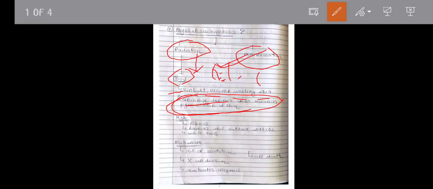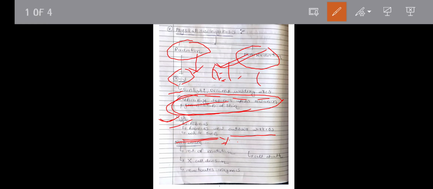So the higher incidence of skin cancer is seen in albinos, farmers and outdoor workers, and white race. Why? Because the melanin pigmentation is less, so the protective mechanism against UV light is impaired. So there is higher incidence in the albinos, white race, and also the farmers and outdoor workers due to the effect of actinic light radiation.